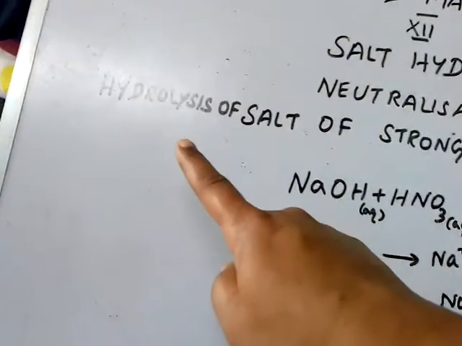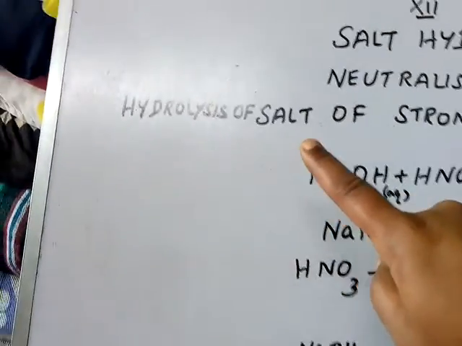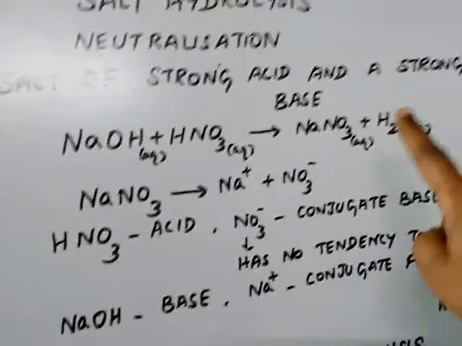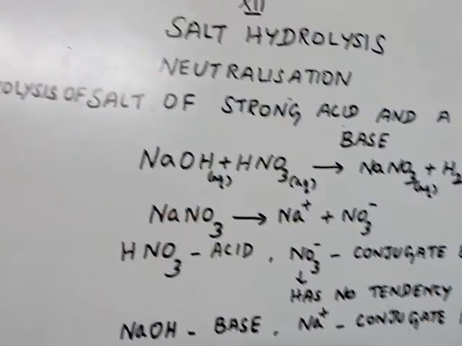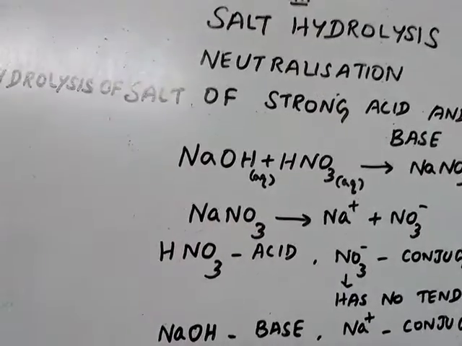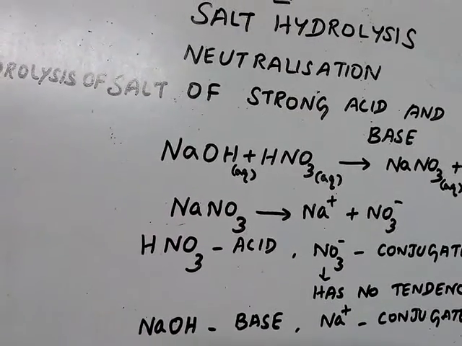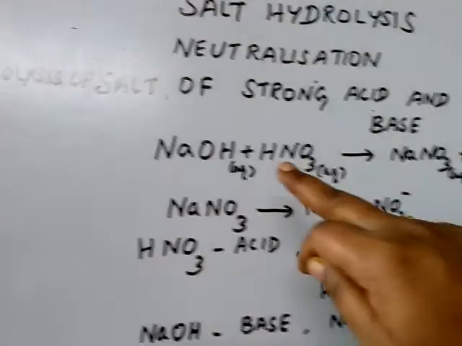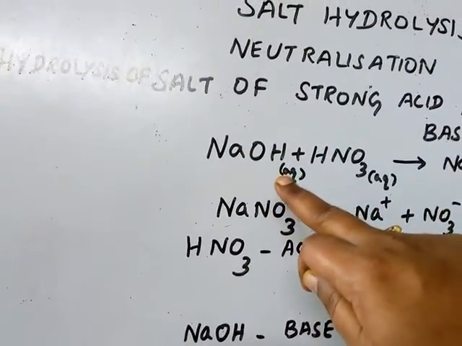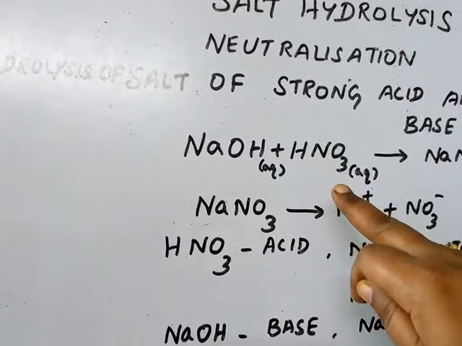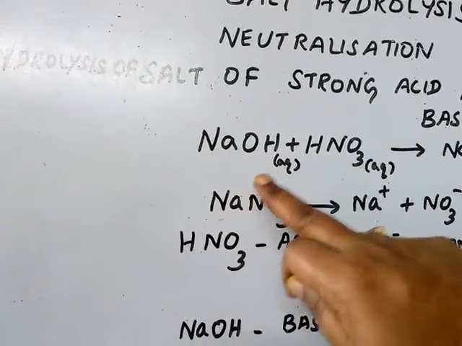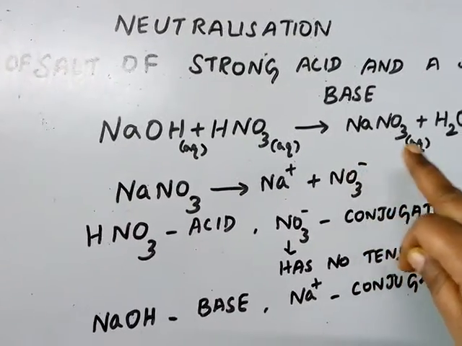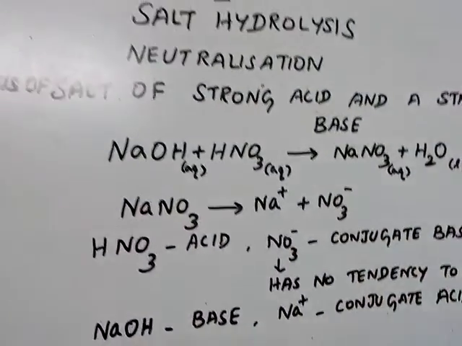Now we'll discuss the hydrolysis of salt of strong acid and strong base. Both are strong: a strong acid as well as a strong base. When that is hydrolyzed, what will happen? Here they are taking sodium hydroxide base and nitric acid. Sodium hydroxide reacts with nitric acid to produce sodium nitrate and water.